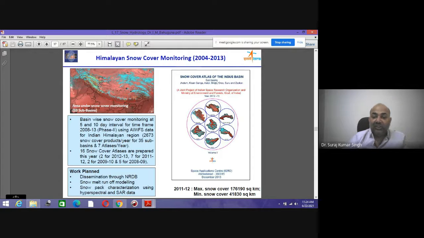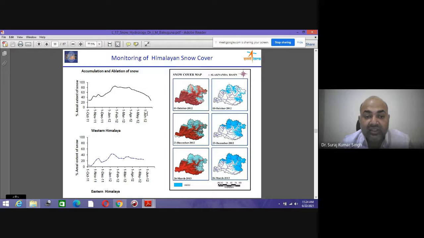You will be seeing that ISRO is regularly updating and mapping the snow cover atlas of various river basins of India, and they are customizing it.